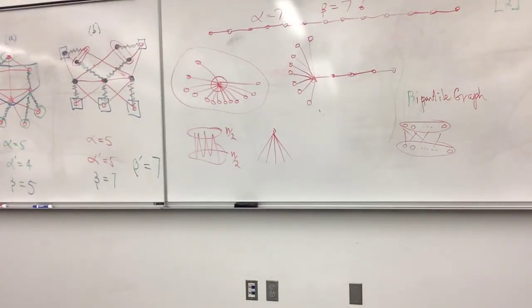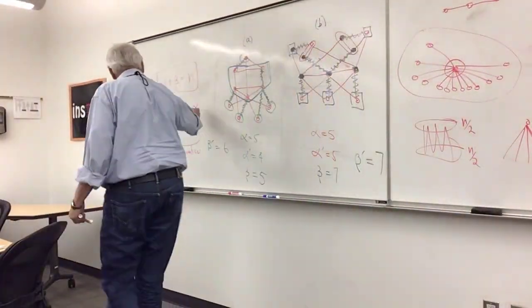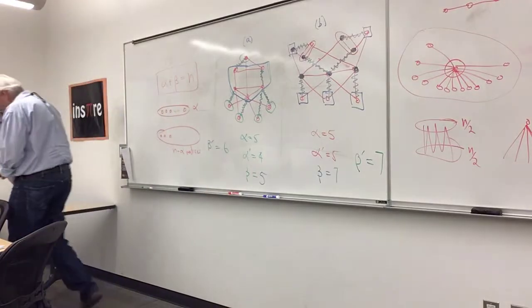So let's choose an independent set. Here's an independent set, and it's as large as possible. Alpha vertices right there. Here's the rest, which is n minus alpha vertices.